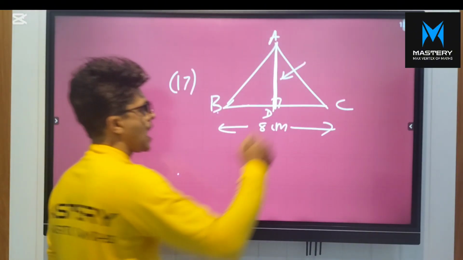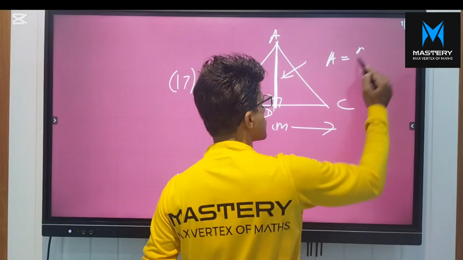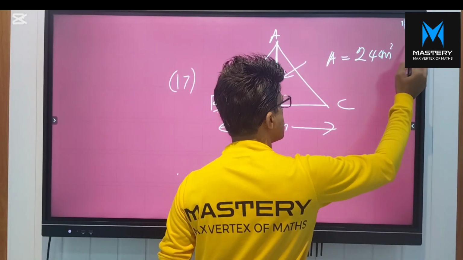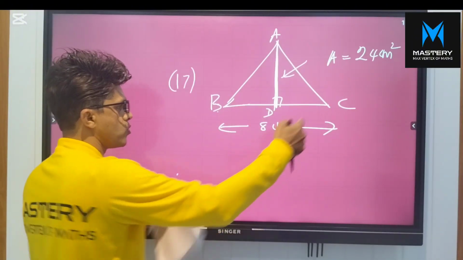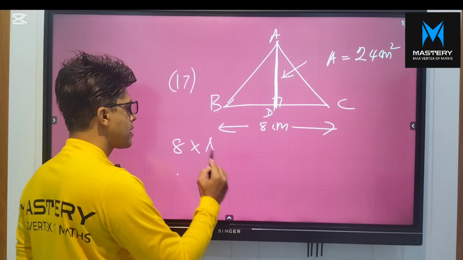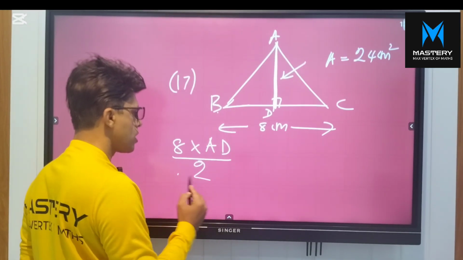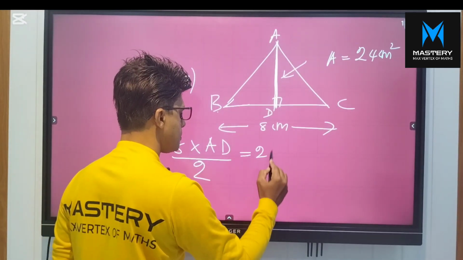It has given the area of this triangle as 24 cm square, right? Area equals, you need to multiply these two: BC times AD over 2. 8 times AD over 2 equals 24, right?